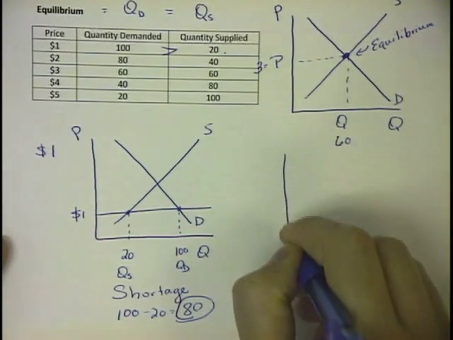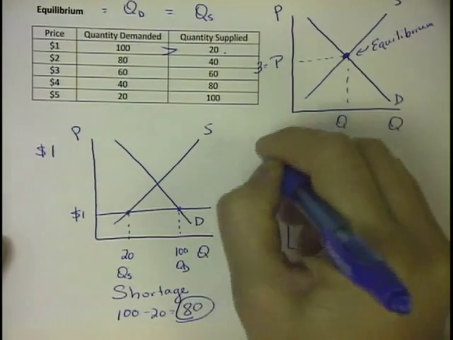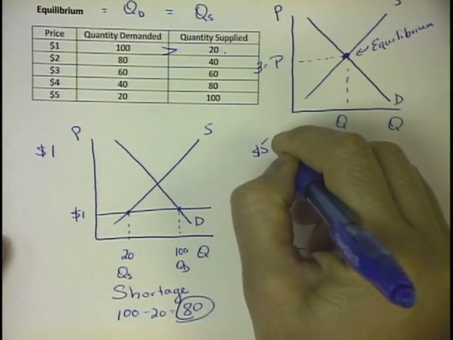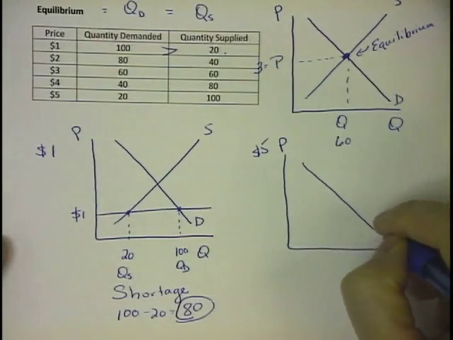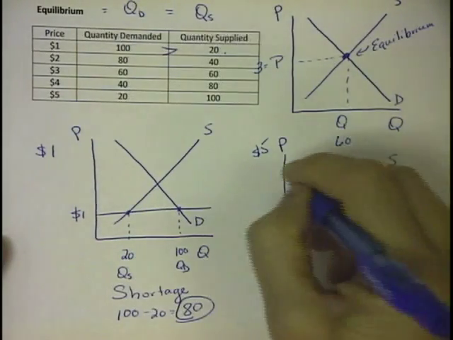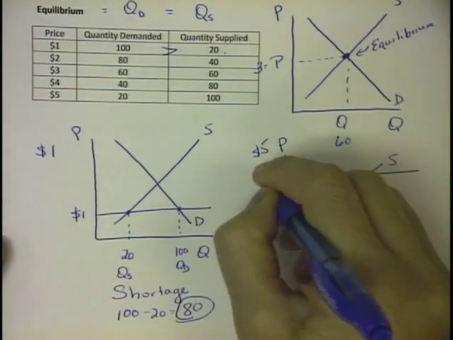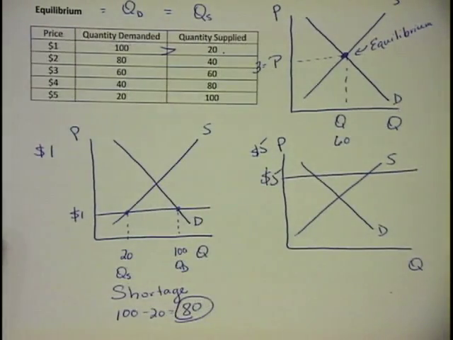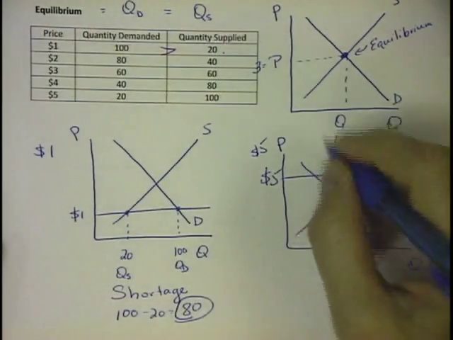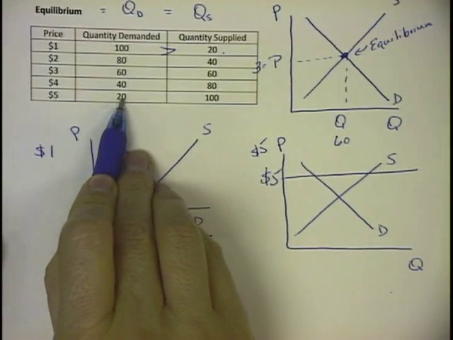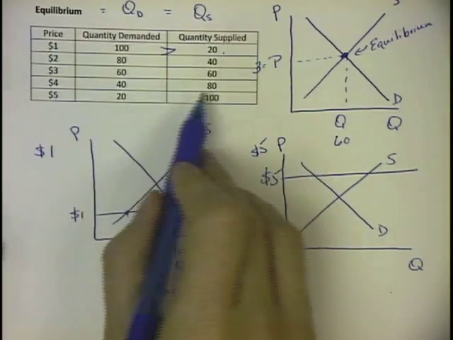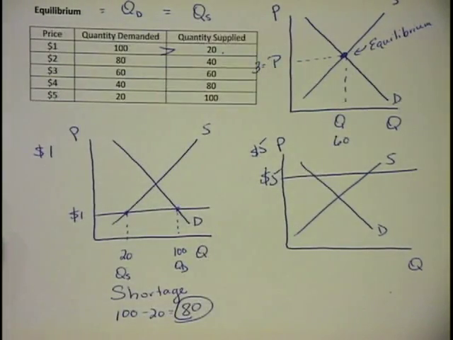Okay, so let's look at the other end of this, and let's say that the price was $5. Again we have price, quantity, our downward sloping demand curve, and our upward sloping supply curve. At $5, quantity demanded now is less, it's 20. Quantity supplied is 100.